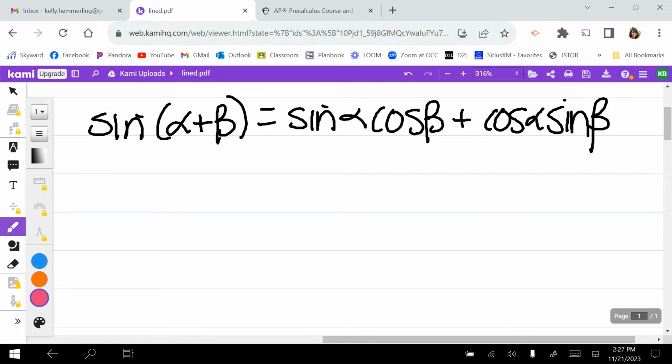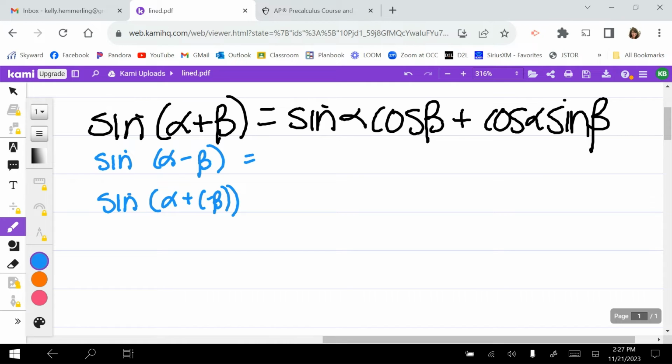So if the students memorize the sine of alpha plus beta, then they will also be able to find the sine of alpha minus beta, because of course alpha minus beta is the same thing as alpha plus negative beta. So let's go in and substitute beta with negative beta in this sine of alpha plus beta identity.